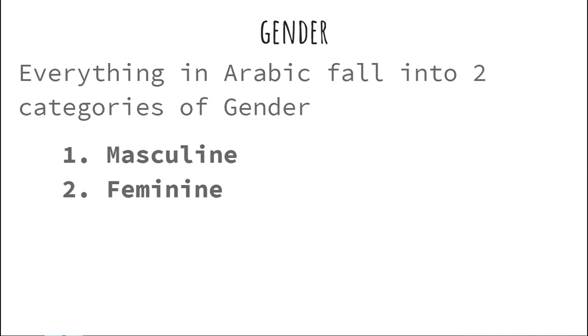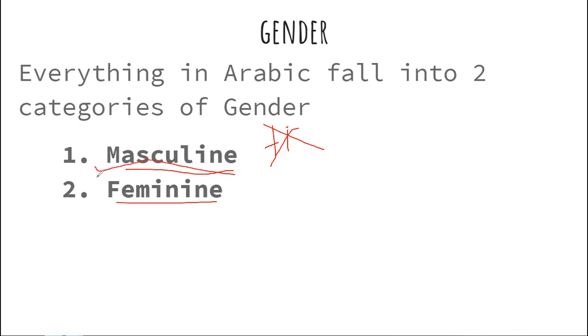Okay. So everything in Arabic falls into two categories of gender. There is no third gender in Arabic. The word "it" doesn't exist in Arabic. So every ism is either masculine or feminine. Got it? And if everything is either masculine or feminine, do you have to study everything?